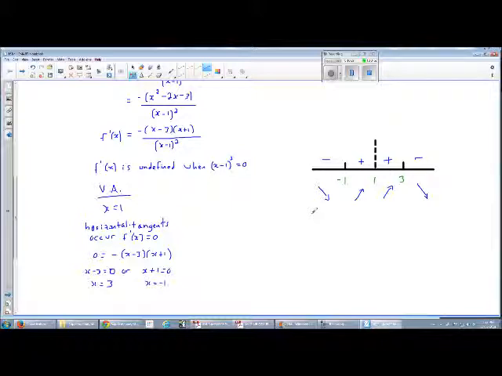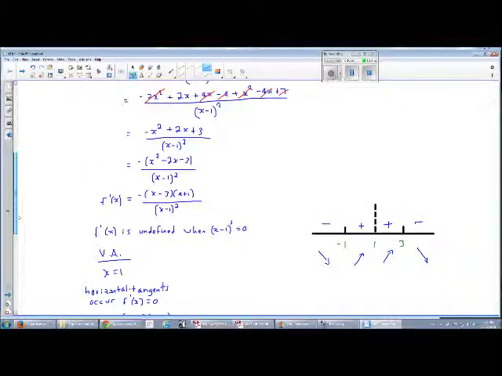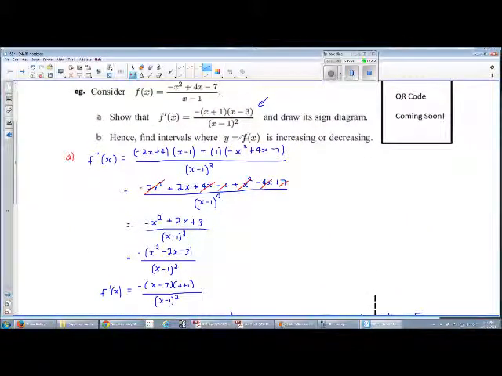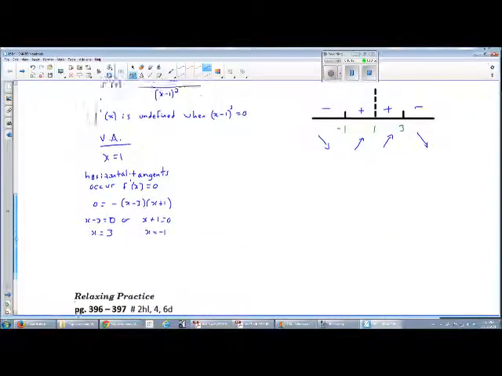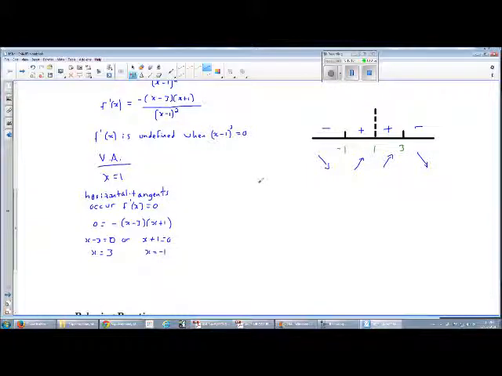And now what we need to do for part B is find the intervals where y equals f(x) is increasing or decreasing. So by looking at the sign diagram, for part B, I can say that f(x) is increasing on a couple of intervals.